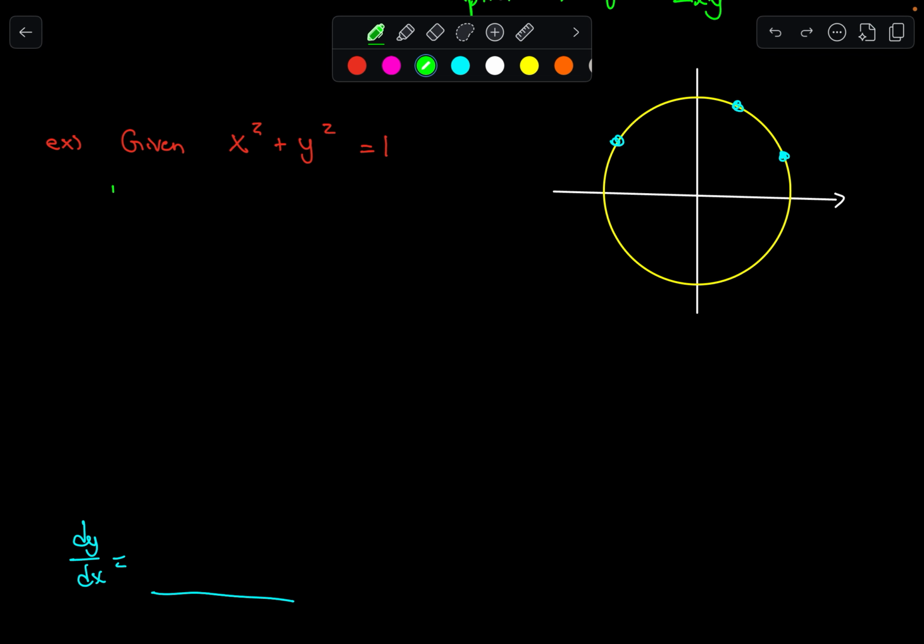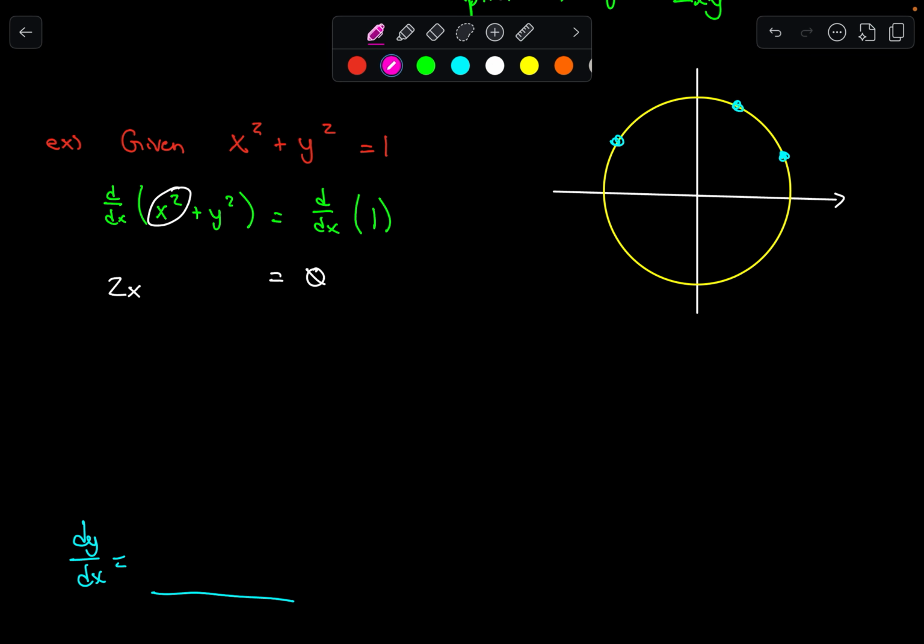So what I mean is we're going to take the derivative of both sides, just like we've been doing. So there's x squared plus y squared equals the derivative of 1. Well, lucky for us, the derivative of any constant is just 0, right? So that's nice. And on the left side, the derivative of x squared is just 2x. And the reason it's just 2x is because you could think about it as the chain rule existing, right?